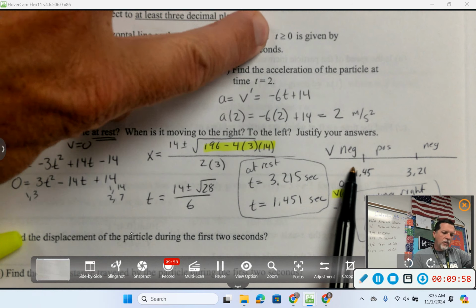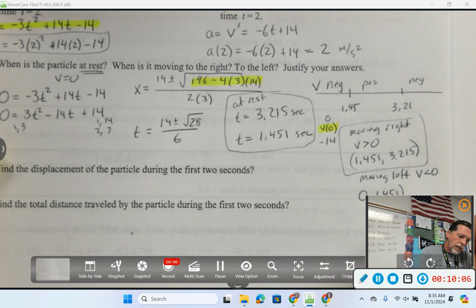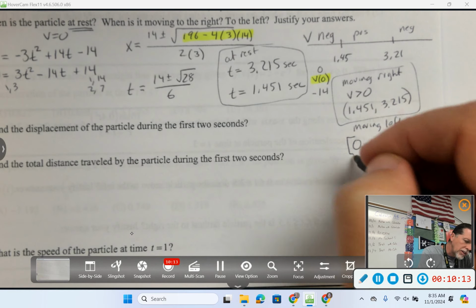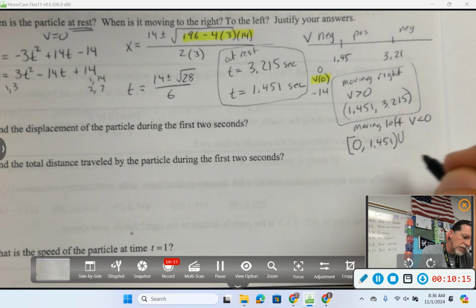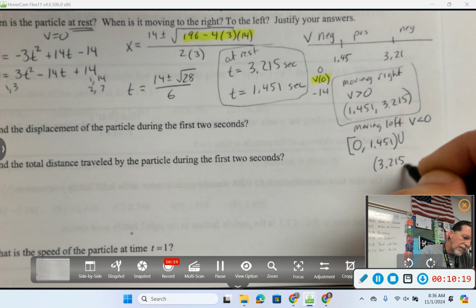But it said t greater than 0, so that means I'm moving left starting at 0 up to 1.451. I'm at rest at 1.451, so I'm not going to include it. But at time 0, this thing starts out right away moving to the left. So I'm going to include the 0. And then 3.215 out to infinity.